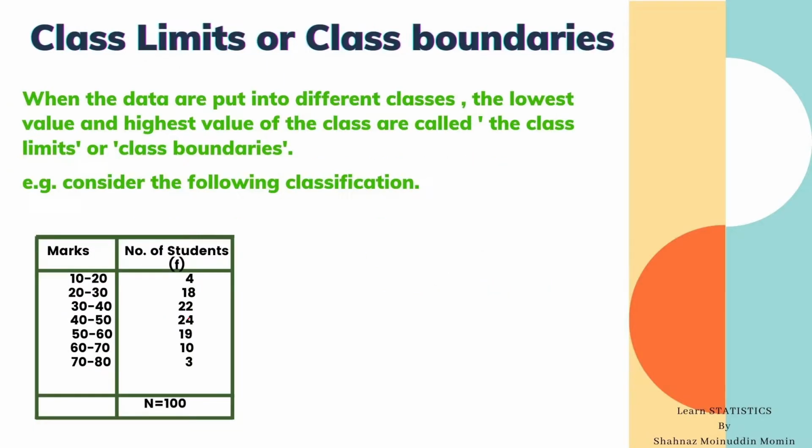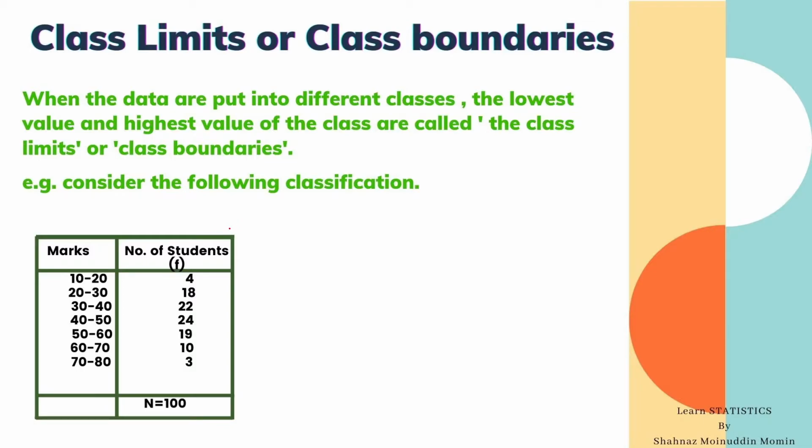Now let us see the next term, class limit or class boundaries. When data are put into different classes, the lowest value and the highest value of the class are called class limits or class boundaries. Consider the classification of students according to the marks.